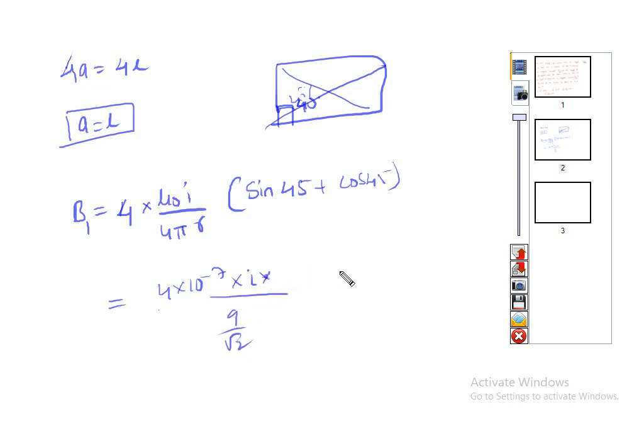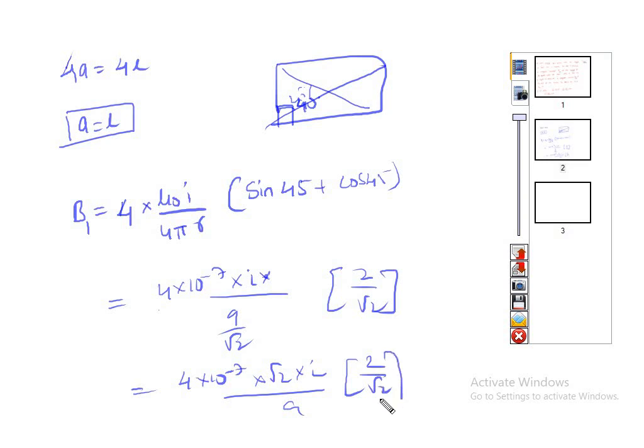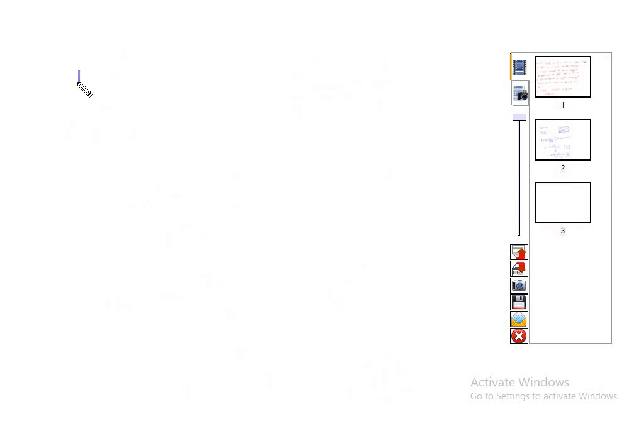If you add this, it is 4 into 10 to the power of minus 7 into root 2 into I by a into 2 by root 2. So B1 is equal to 8 root 2 into 10 to the power of minus 7 into I by a, where the unknowns are I and a, right?